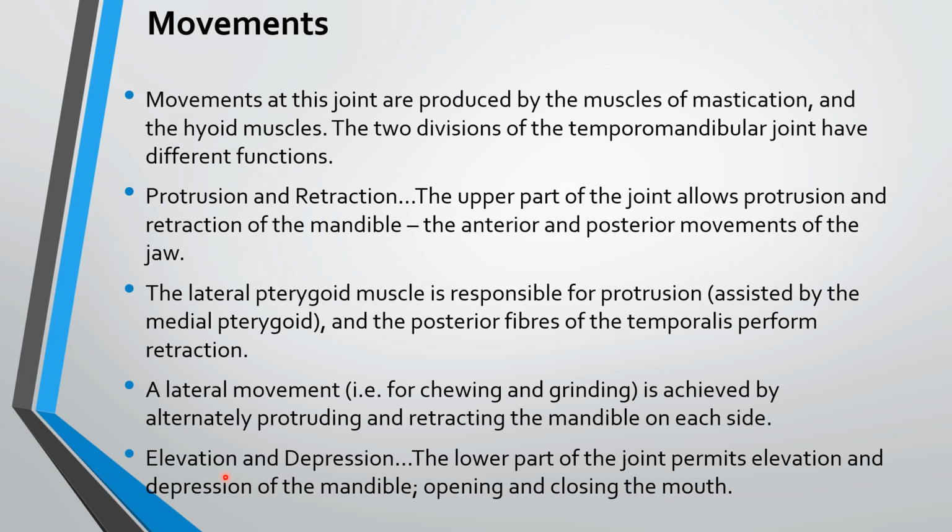The upper part of the joint allows protrusion and retraction of the mandible, the anterior and posterior movement of the jaw. The lateral pterygoid muscle is responsible for protrusion, assisted by the medial pterygoid, and the posterior fibers of the temporalis perform retraction.